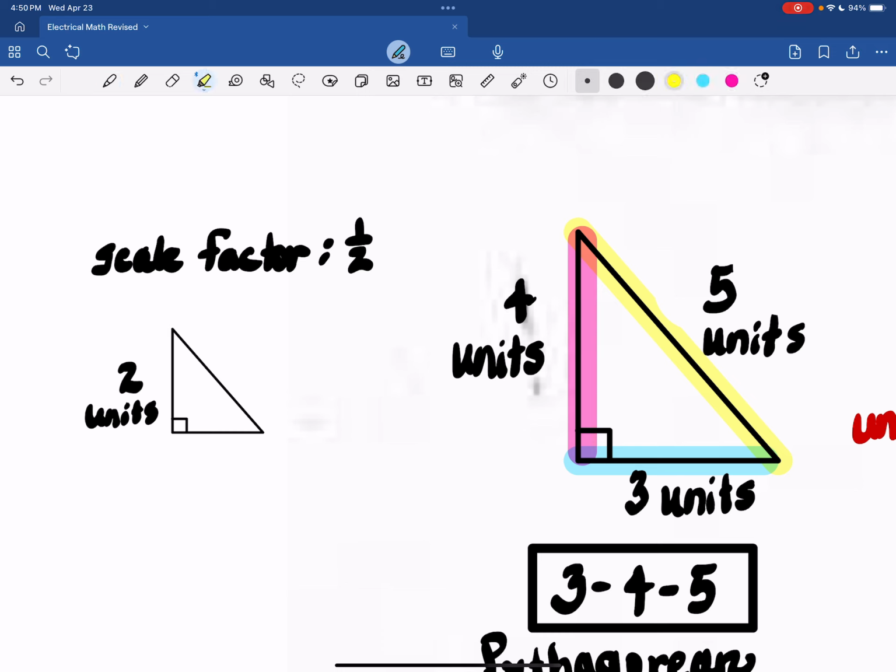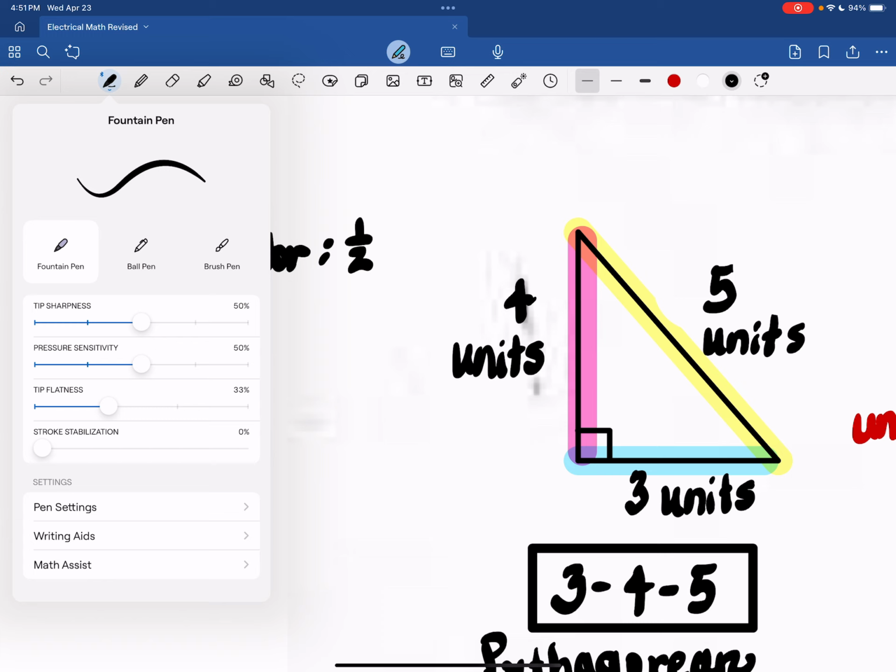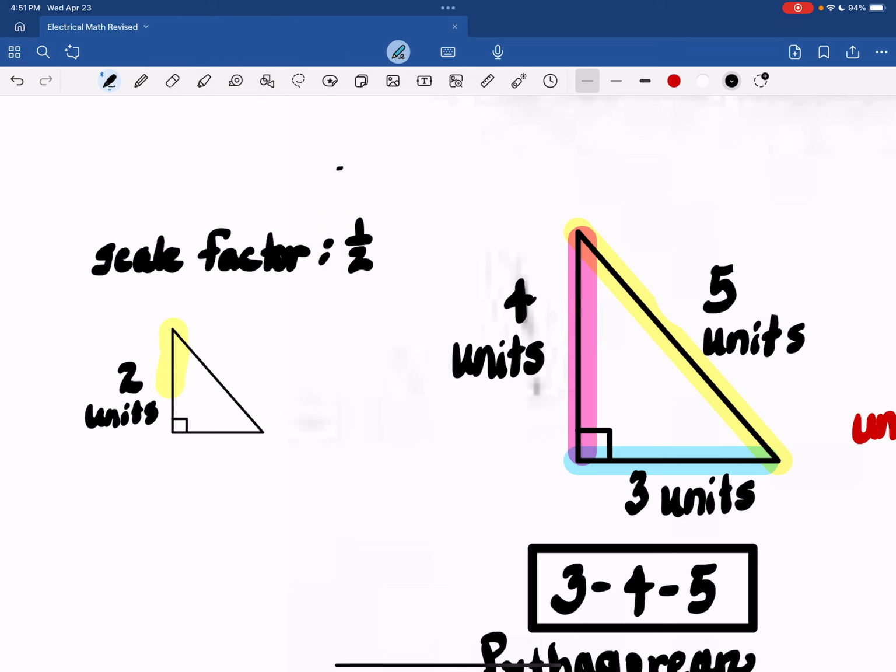I'm sorry. I'm trying to match them up for you, and I'm not doing a very good job. Here's the base. Here's this leg. And then here is the hypotenuse. So 4 divided by 2 is 2. 3 divided by 2 is 1.5. And 5 divided by 2 is 2.5.